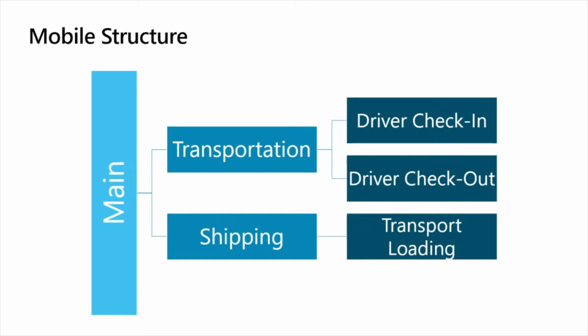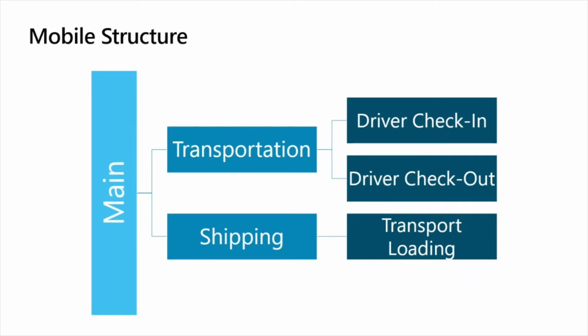So the user may log in to their warehouse mobile application and see this main menu that I've shown on the left. And then they may see a couple of different menu items that they can select of either transportation operations or shipping operations that they are allowed to do.